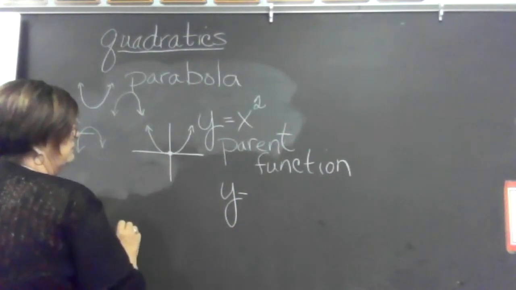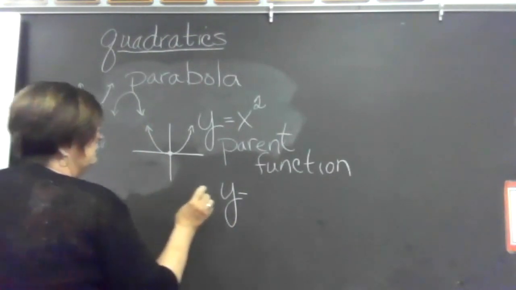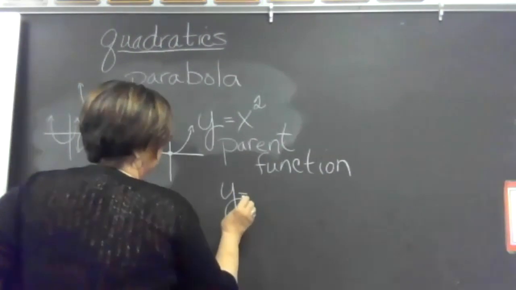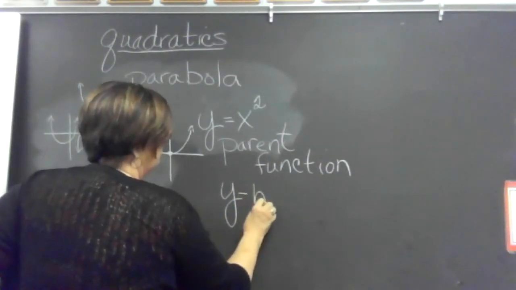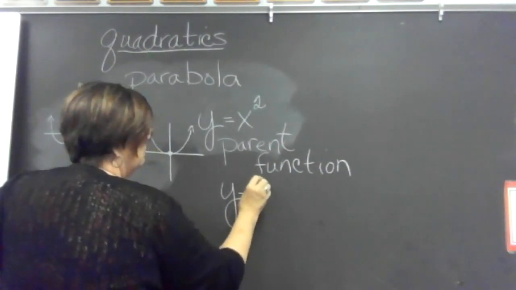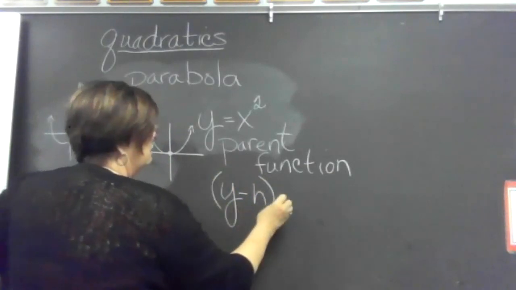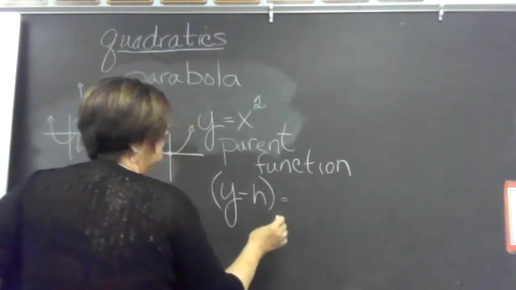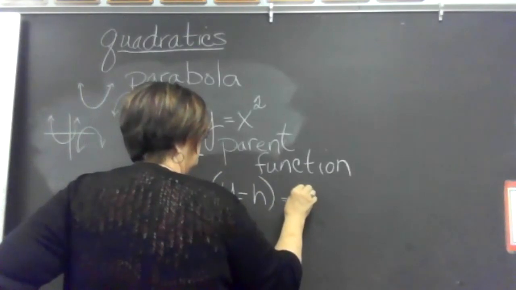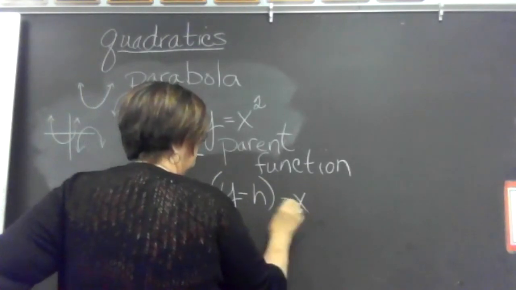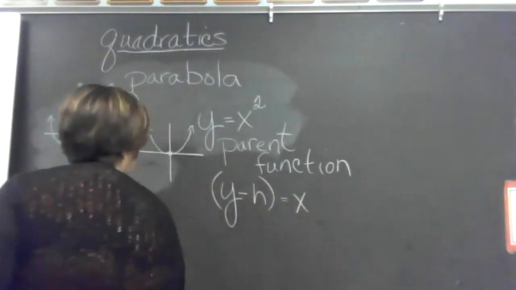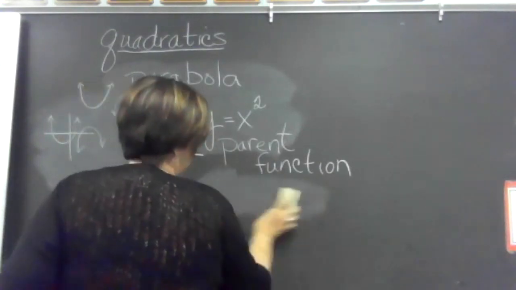Okay, we're going to extend the parent function a little bit because you'll need to know it later. I should have looked. I have it written down. Oh man, I'm going to have to give you that later. I don't want to mess it up.